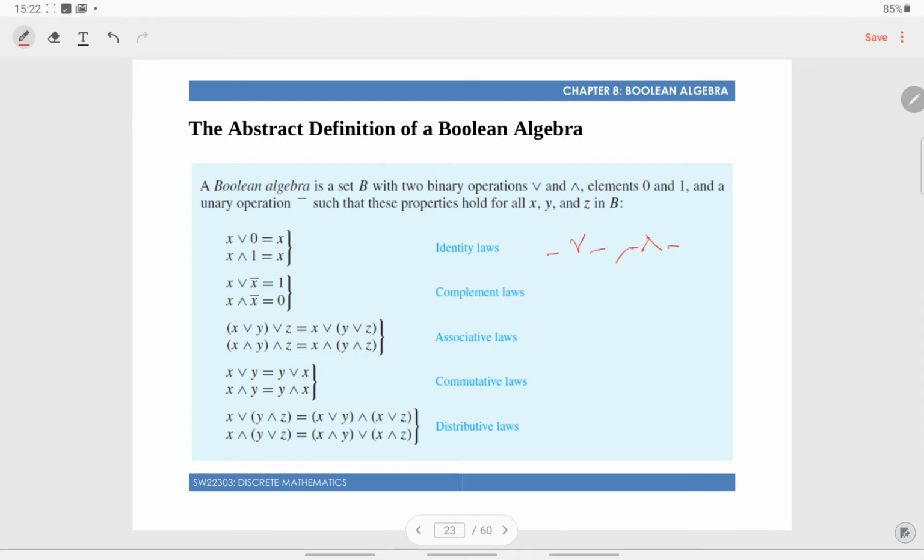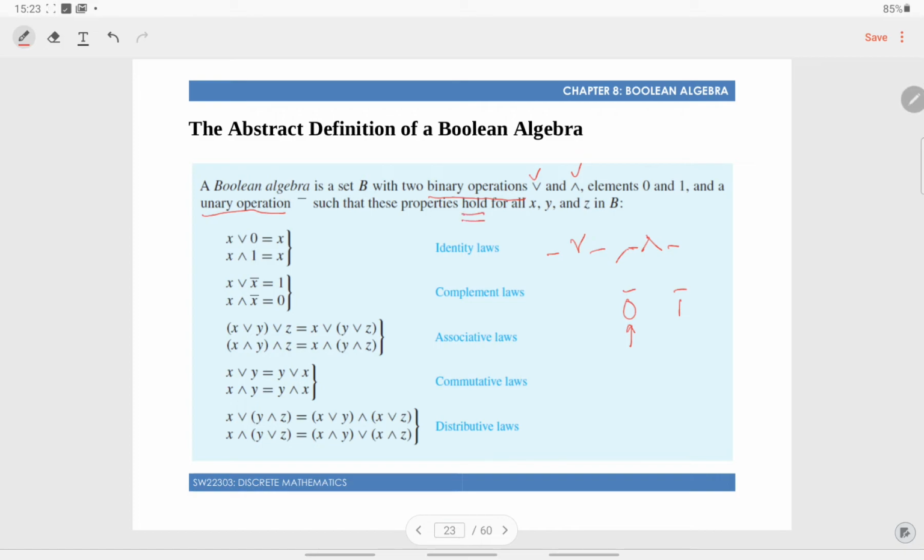So a set B with two binary operations, elements 0 and 1, and a unary operation, bar, complement. Unary operation means it requires only a single input. 1 complement, 0 complement, single input. That's why we call it a unary operation. These two binary operations and this one unary operation are such that these properties hold for all x, y, and z in B. All these properties are valid, or also called hold.